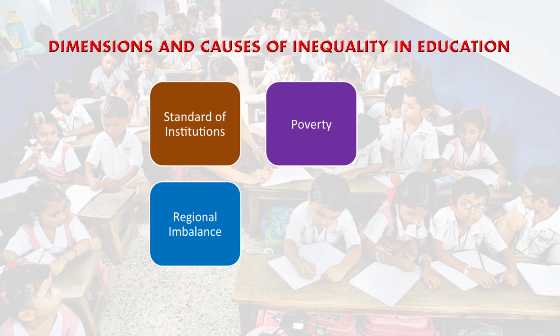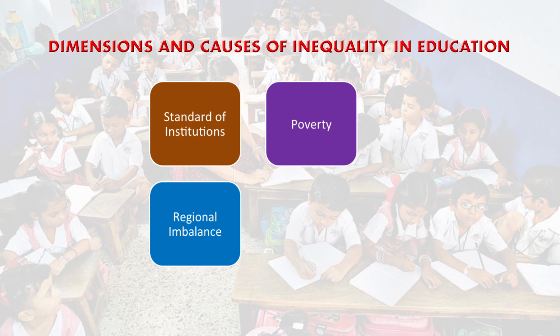And for the regional imbalance, I have already said that we have certain specific practices so far as our different regions are concerned. Okay. So, if you do not provide proper care to maintain a balance among the regions, then that will create inequality in education.